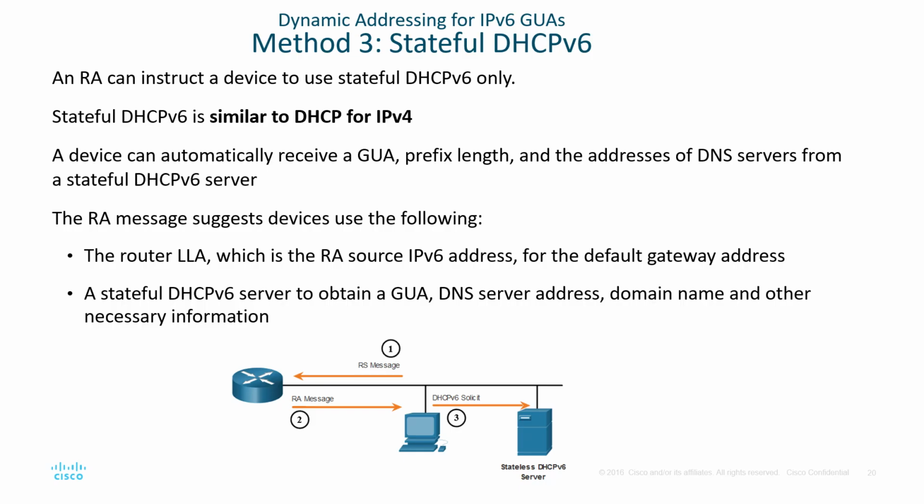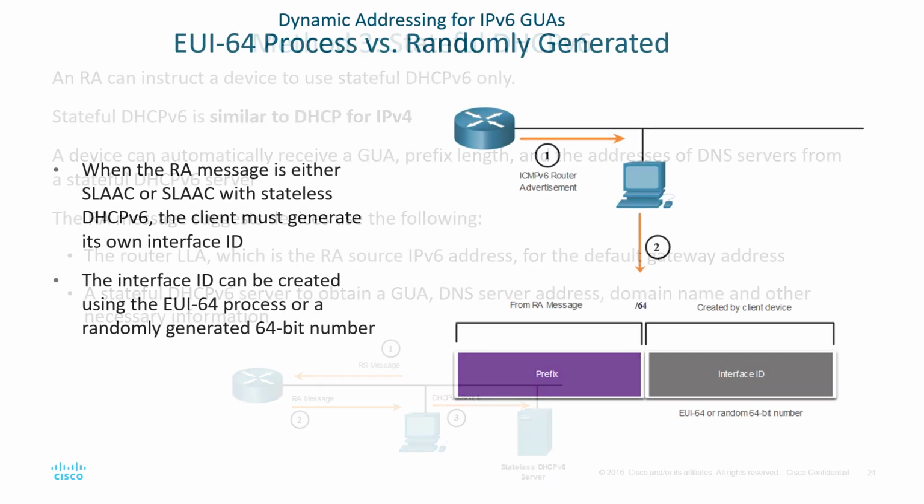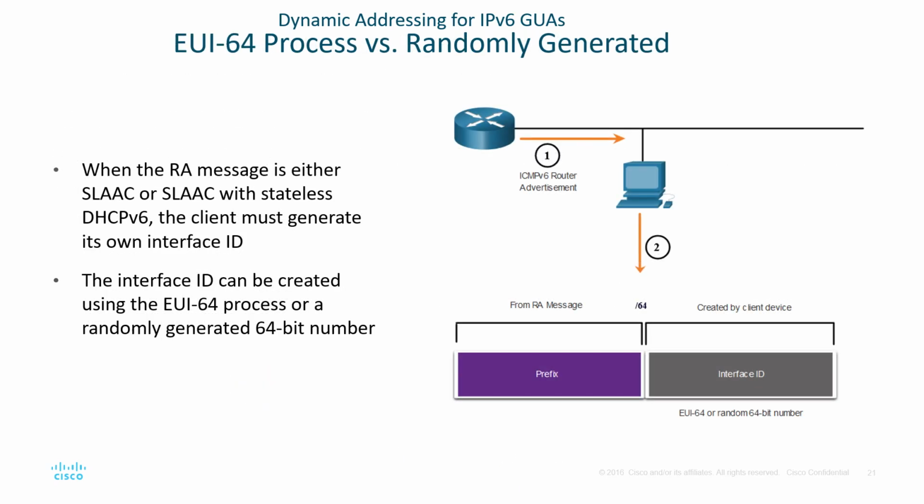So again, first method, using SLAAC, having the router do its thing. Second method, getting the configuration information from the router and other pertinent information from the server. And then the third way, getting everything from the server. Now these processes here, this is how in IPv6 a device is going to get its interface ID.